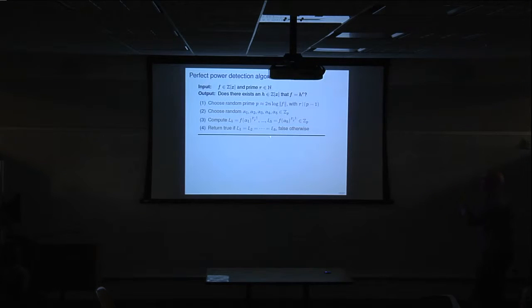And then we compute this funny thing. We take our polynomial, we evaluate it at that alpha_i, and we raise it to the power of (p minus 1) over r. Now, if you know some number theory, that looks like a Legendre symbol, except that you're evaluating a polynomial.